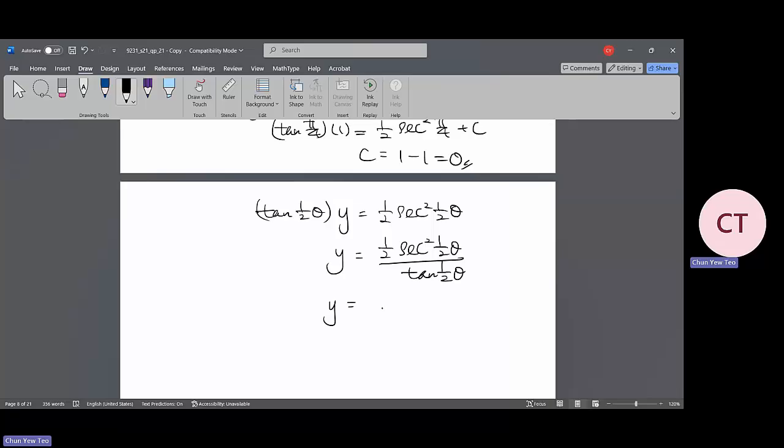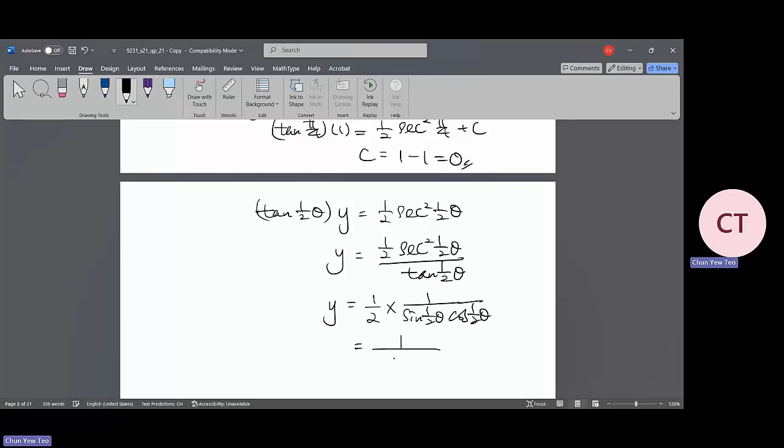So we can see that we actually have a half multiplied by 1 over sine half theta and cos half theta. Oh, okay.